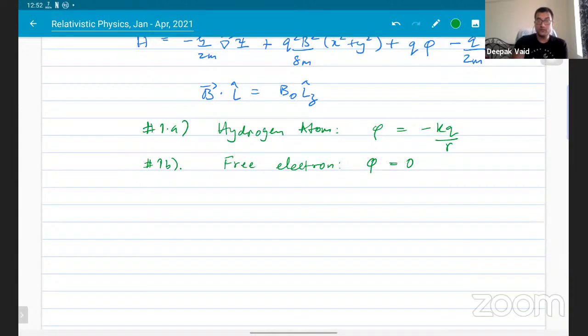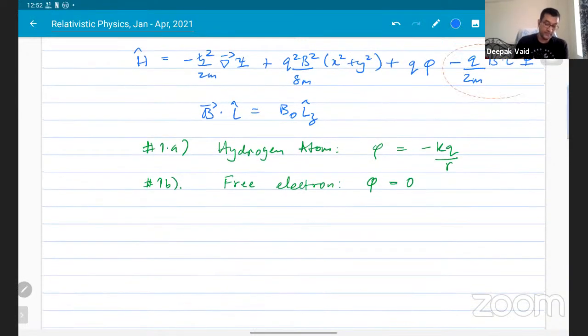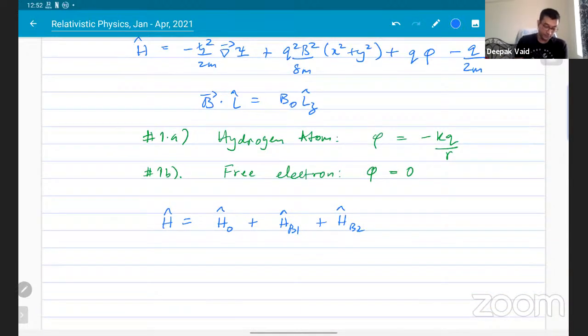All right. So one thing we can see immediately without going into all the mathematics is what is the effect of this term, right? So let me write down my Hamiltonian as H naught plus HB1 plus HB2. Okay, what is H naught?